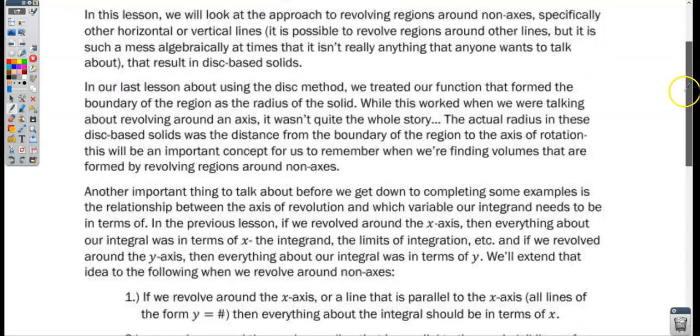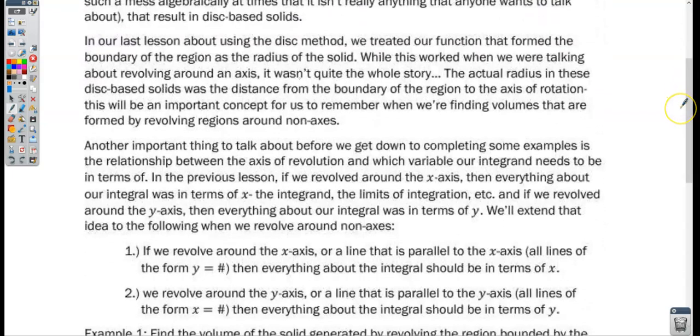And then one last thing to talk about. In the last lesson, we talked about how if we were revolving around the x-axis, everything was going to be in terms of x, and if we were revolving around the y-axis, then everything was in terms of y. We can extend that when we're revolving things around non-axes.